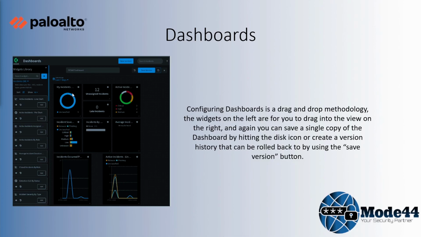You'll click on add, you'll put it in, and then there's a little gear icon in the right hand corner there, and that is where you'll configure how that is going to be displayed. So for instance, you've got a line chart, my incidents, that's a line chart, a pie chart there, and this drop down here will have the different types of widgets, so incidents, SLA, system stuff, and so on.